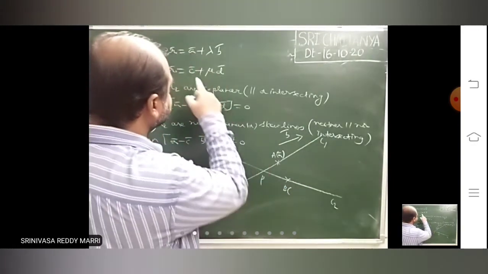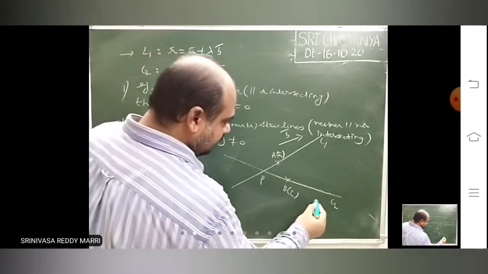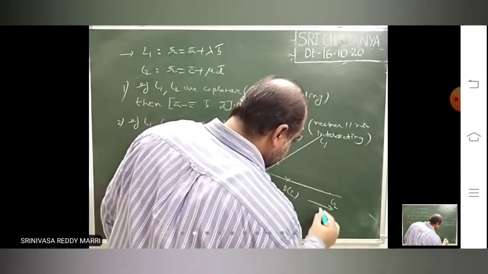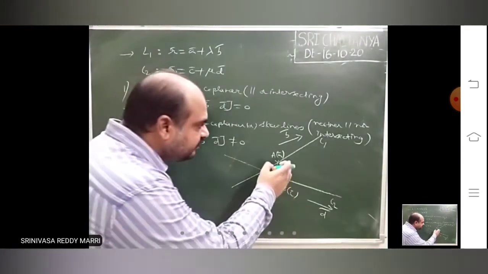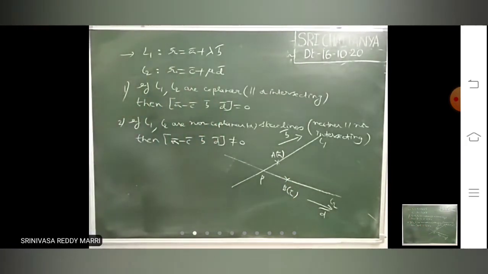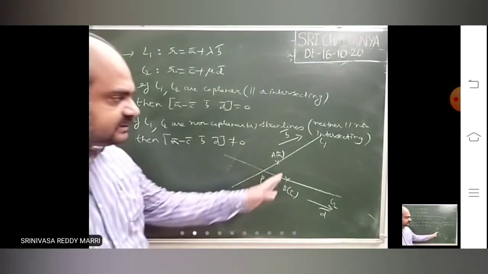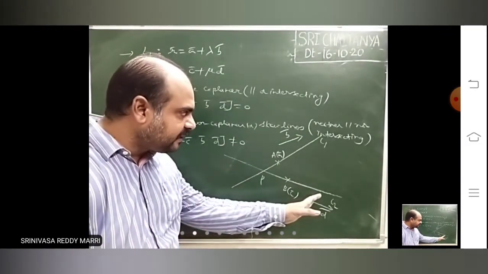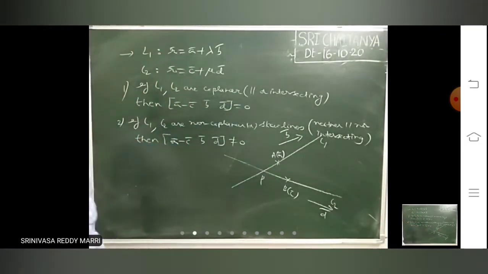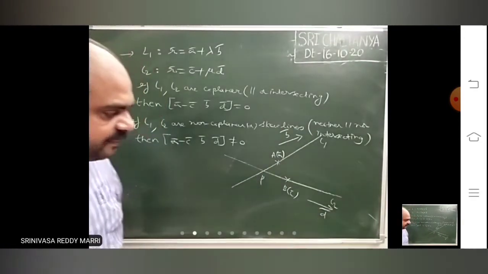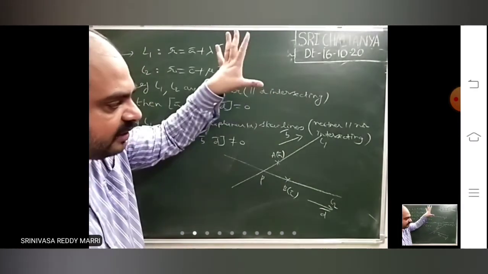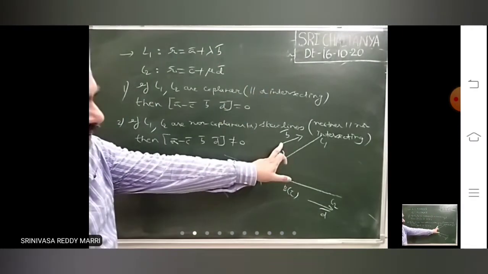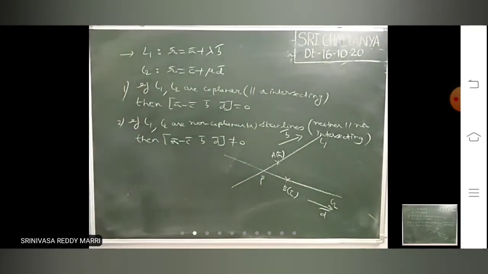This is passing through c bar, and this line's direction is d bar. Now look, on your paper only b bar, d bar will lie, because the lines are lying on your paper only, so the direction will also be in your paper only. So b bar, d bar are lying on the board. Board is your paper, right? So b bar, d bar are lying on the plane.